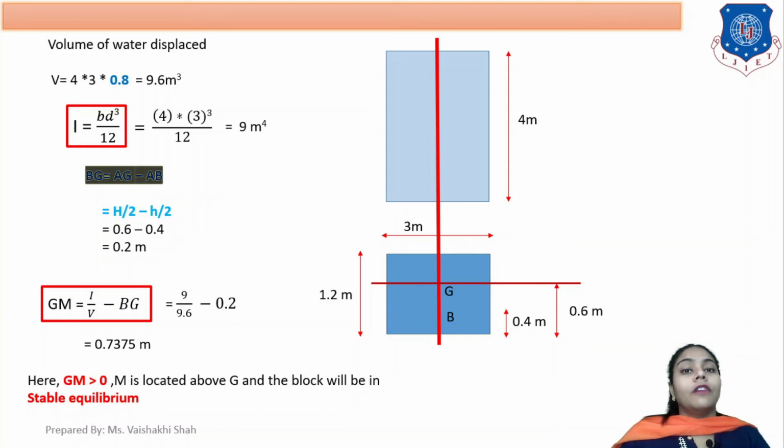Now GM, the metacentric height, is a distance, so its unit is meter. Here GM is greater than 0, so M is located above G and the block will be in stable equilibrium because GM is greater than 0.